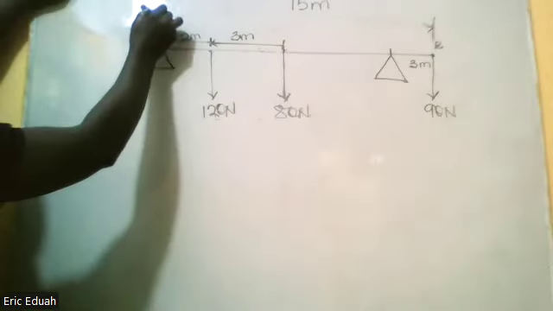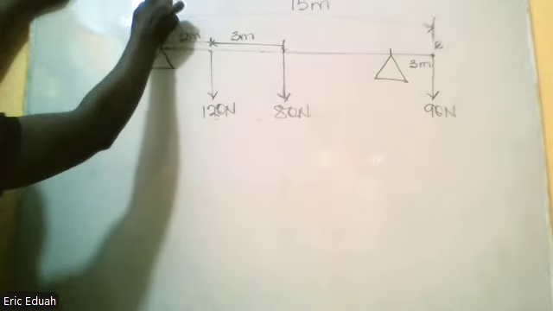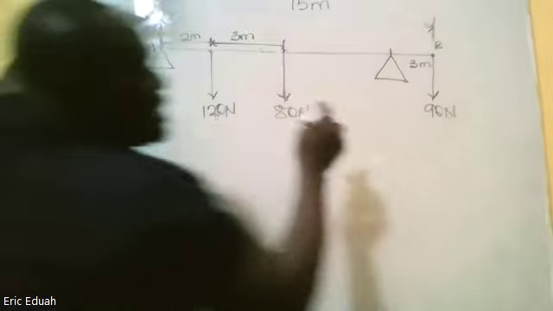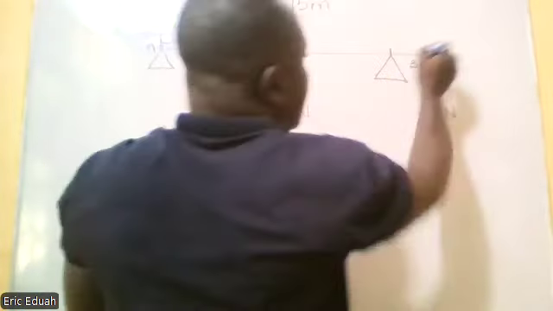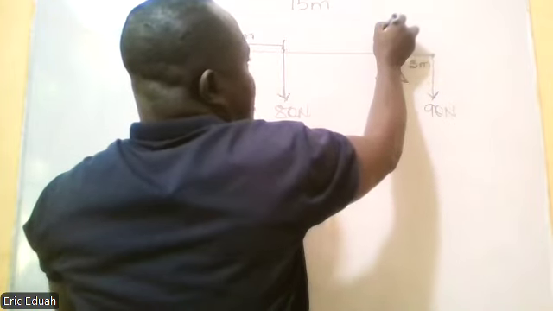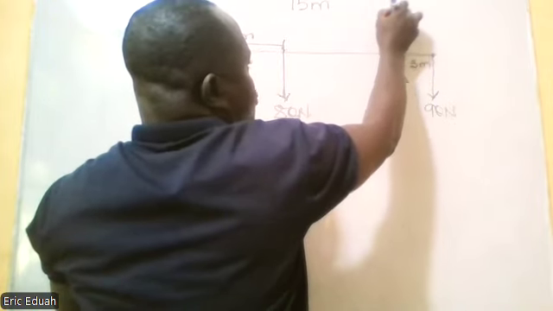So let's assume that is R1. And then the reactional force produced by the support B. Let's assume that is R2.